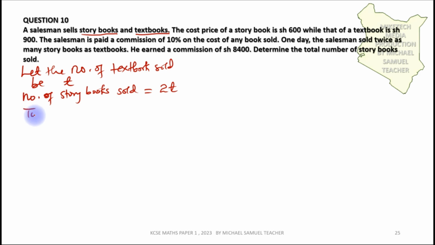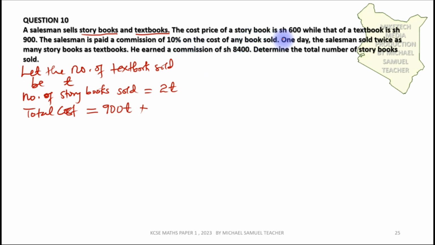Total cost. Being given the cost price for textbooks was 900, the total cost for textbooks will be 900 times T. That means one textbook was 900, so for T textbooks it will be 900 times T. Then plus the total cost of the storybooks.